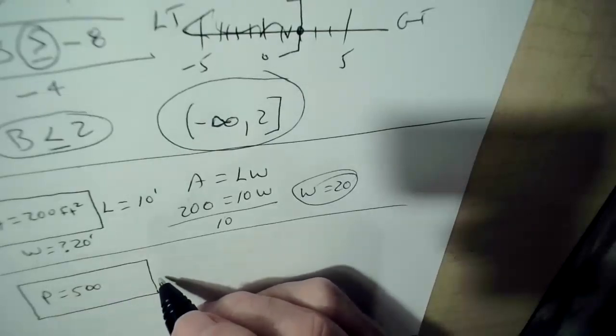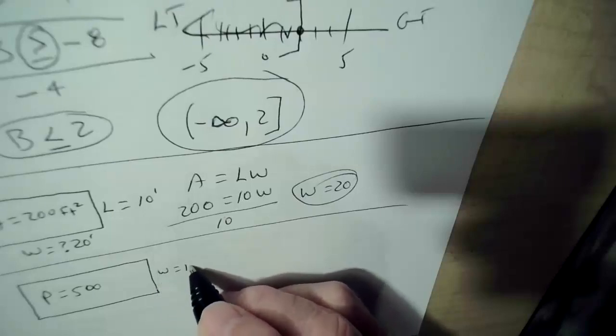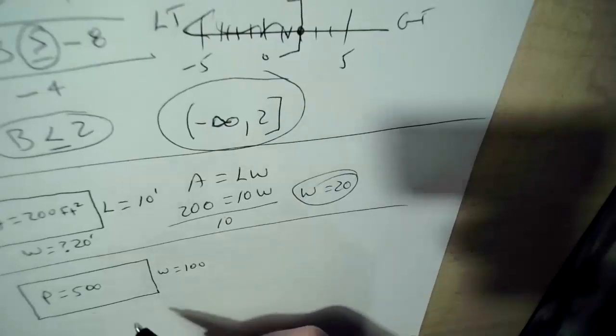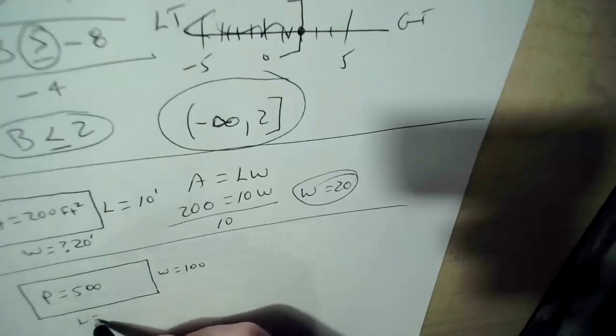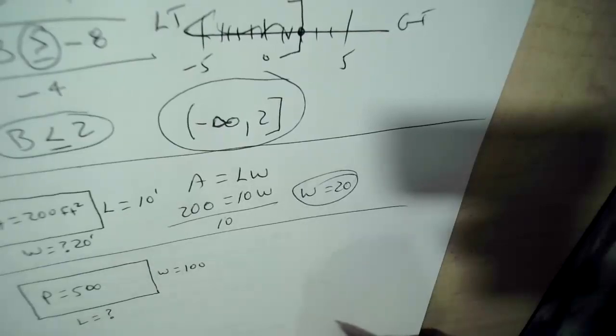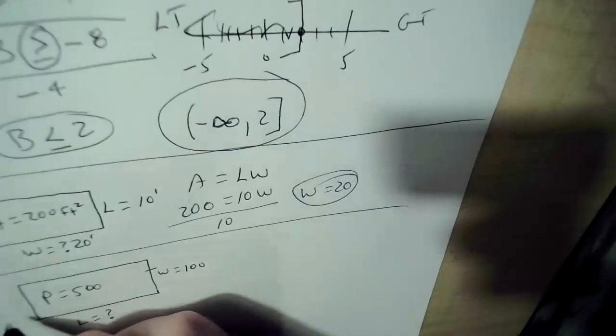The perimeter is 500. The width is 100. Does it make any difference which one's the width and which one's the length? No. So the length is, we don't know.